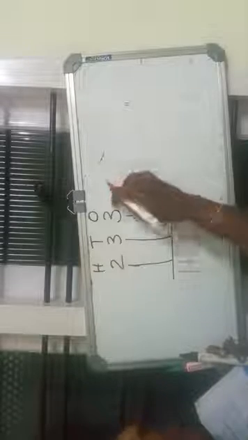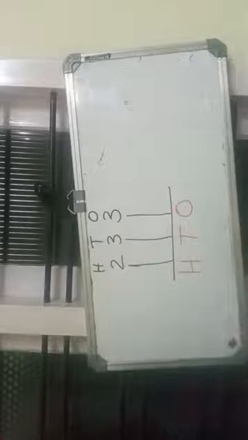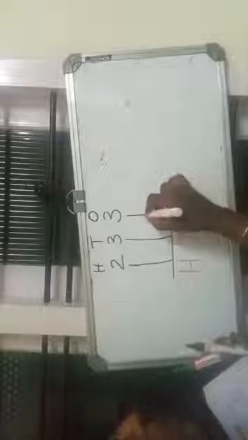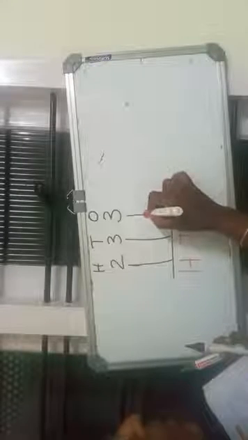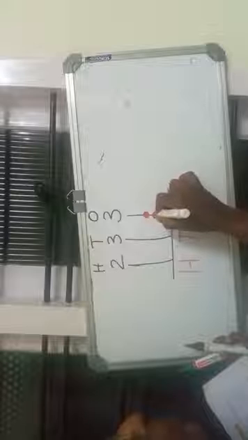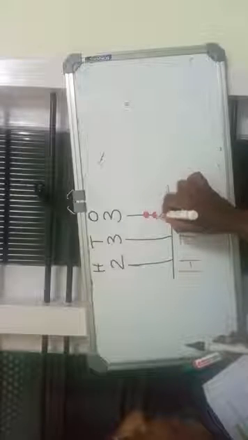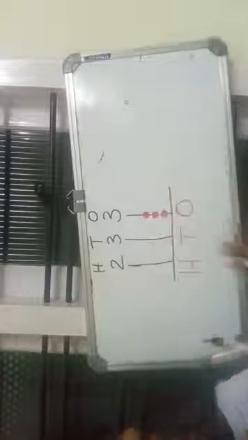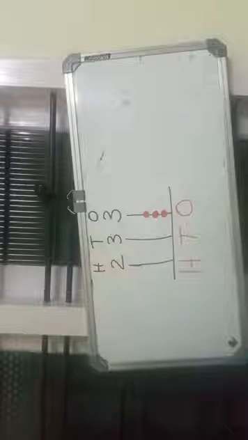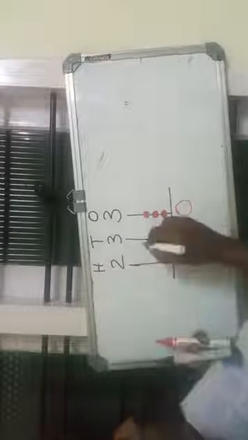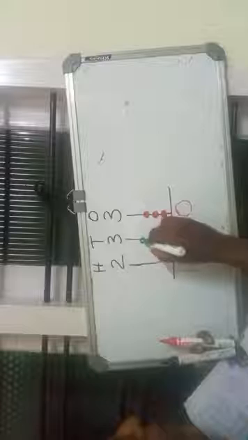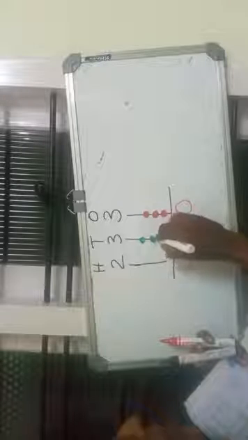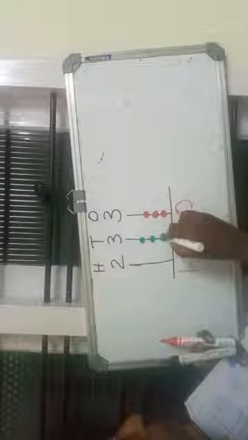Then see ones place. We have to draw 3 beads. How many? 3. 1, 2, 3 beads. Tens place how many? Tens place also 3 beads. 1, 2, 3 beads.